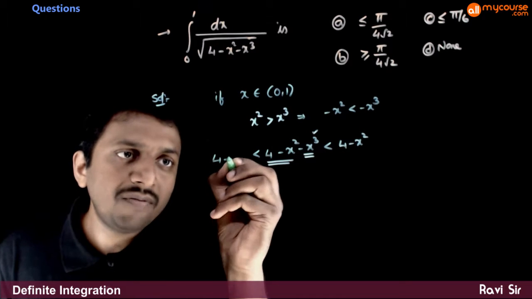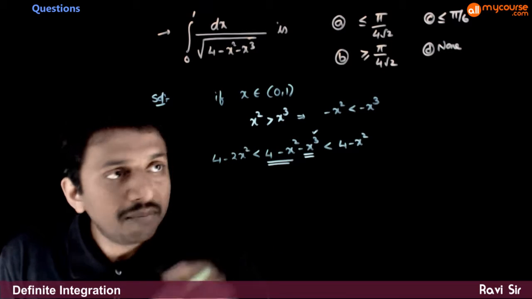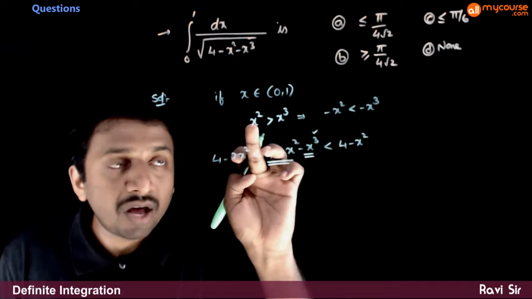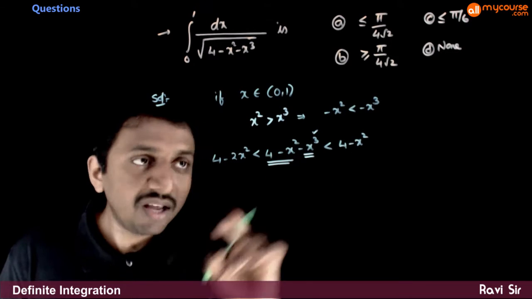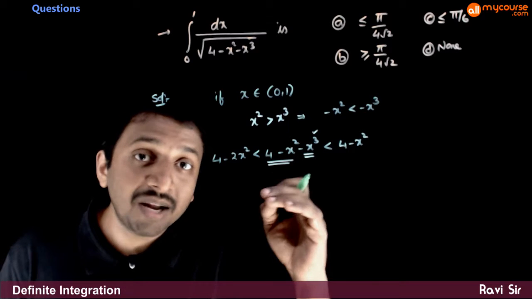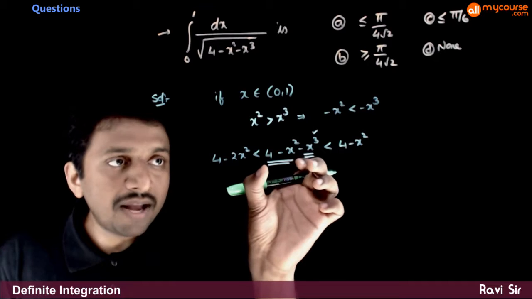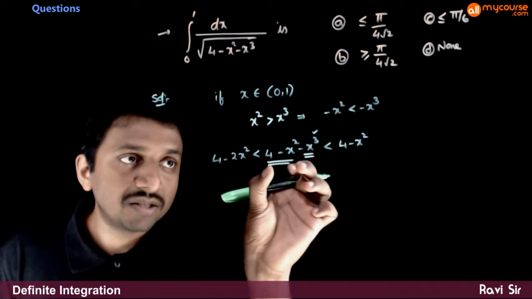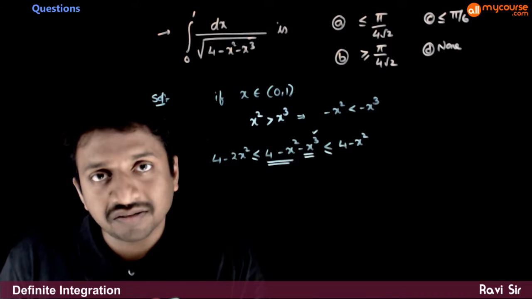And it is always greater than 4 minus 2x square, because x cube is always less than x square. If you subtract another x square, you are subtracting more, which means the value will become less. So 4 minus 2x square is always less than or equal to this, which is less than or equal to 4 minus x square.